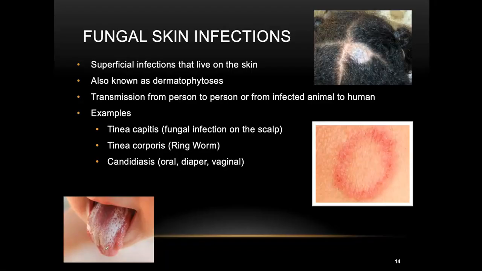This can become problematic for our infants because it's painful and it can make them stop eating and drinking, which can put them at risk for not only dehydration, but also malnutrition. This one is one you can get from the soil and you can also get from dogs.